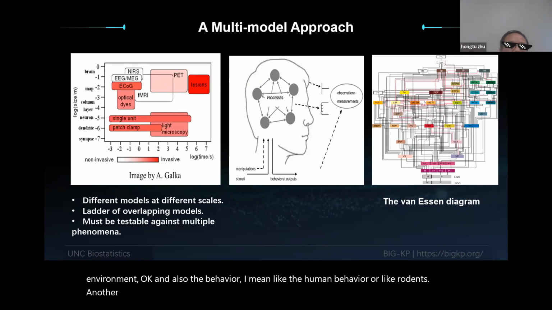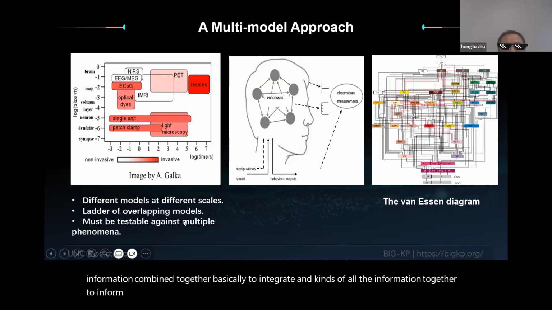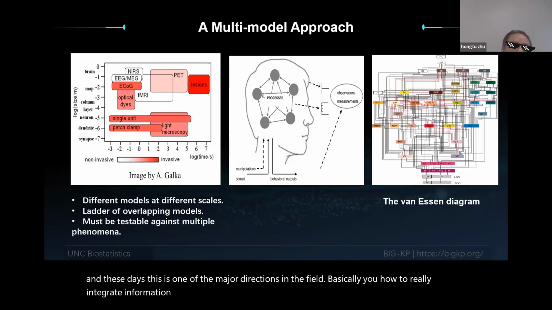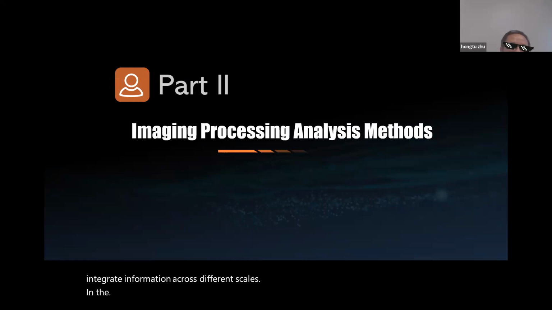Another is the neural activities. How do all these three levels of information combine together, to integrate all the information to infer the brain structure and functions? This is a very important way, and these days this is one of the major directions in the field: how to really integrate information across different scales. Okay. And the imaging processing analysis method is also very important.